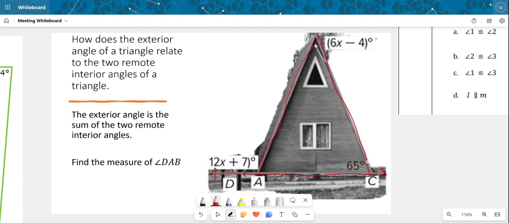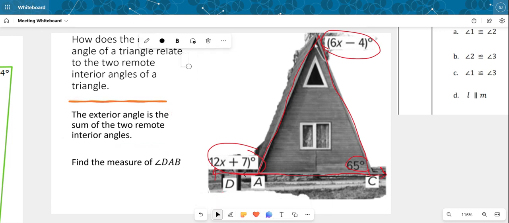What can we say about the 65, the 6x minus 4, and the 12x plus 7? Well, using this fact here, the 12x plus 7 is an exterior angle. We can say for a fact that 12x plus 7 has to be equal to 6x minus 4 plus 65.